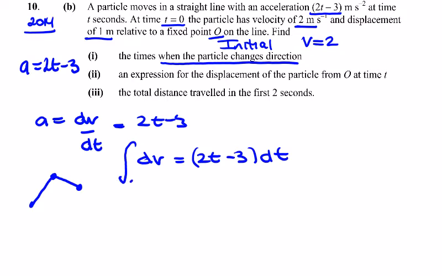We have the initial velocity of 2, and for time we're going to integrate from t equals 0.